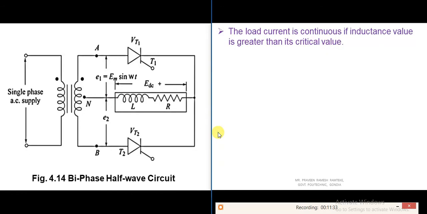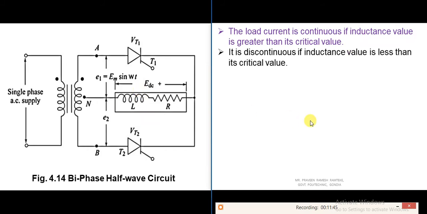The load current is continuous if the inductance value is greater than the critical value. And if the value of the inductive load is less than the critical value, the load current is discontinuous. We will see what is continuous and discontinuous in the waveform.